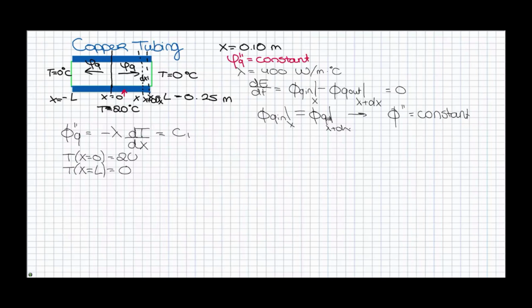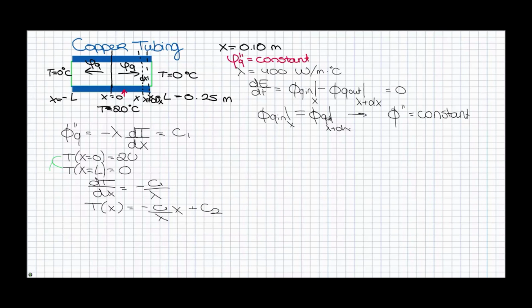So if we now solve the equation, we get dT/dx is minus the constant divided by the heat transfer coefficient of copper. If we solve this, then you get T equals minus C1 divided by lambda times x, and of course another constant.